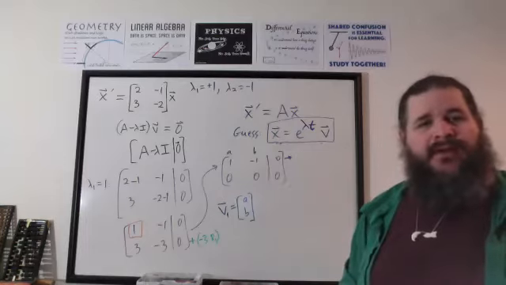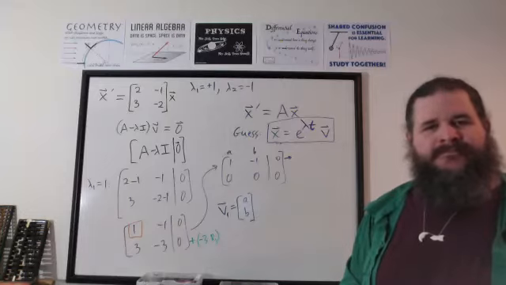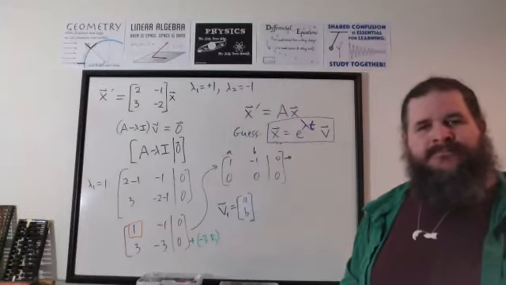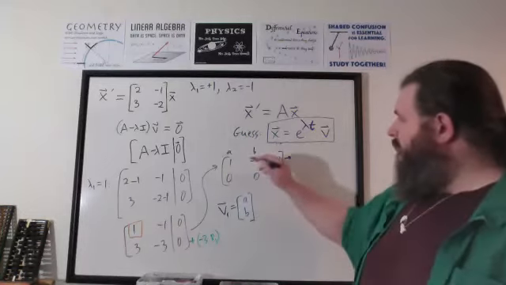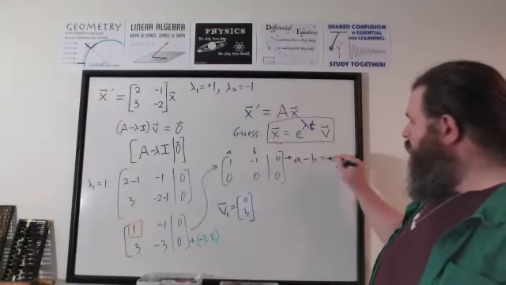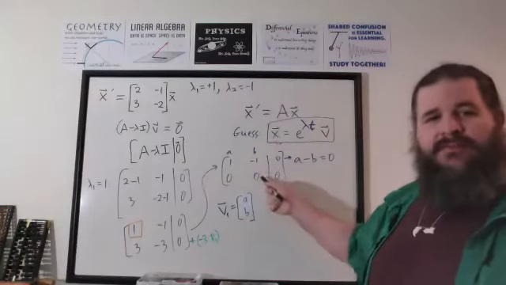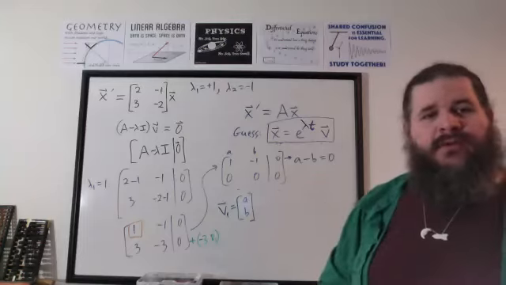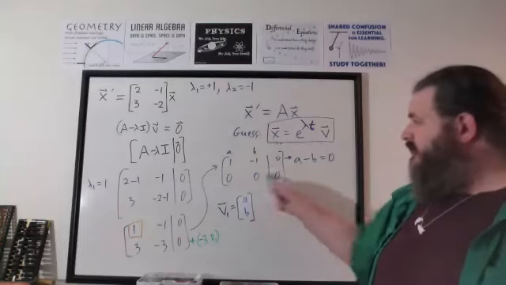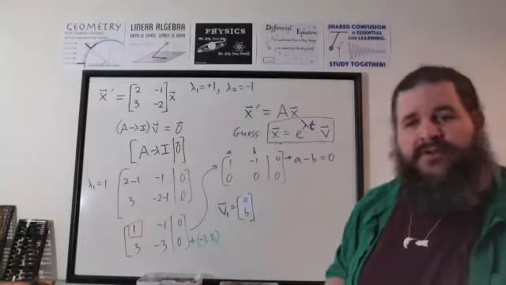Or how would we write that row in the form of an equation? Yeah, 1A minus 1B equals 0. Then the second row would just be 0 equals 0, which is always true. So we don't need to worry about that. That just tells us the second row doesn't provide any further restrictions.